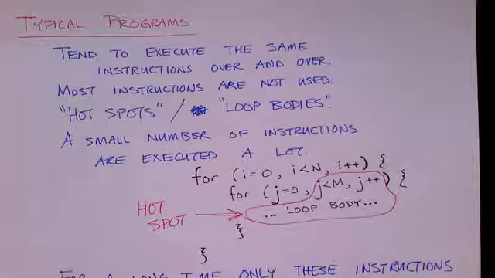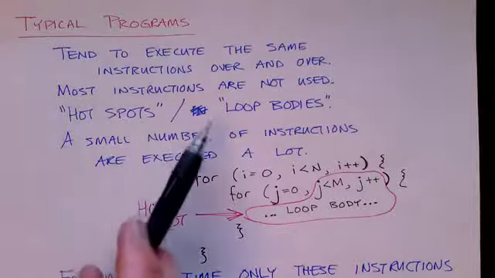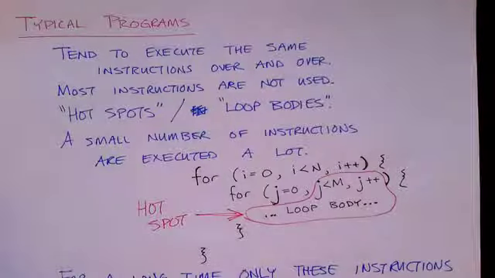Typically, most instructions in the program are not used very often, but instead you have a few hotspots, and these are usually loop bodies. So the programs where execution is important typically execute a lot of instructions. Otherwise, their execution speed would be irrelevant.